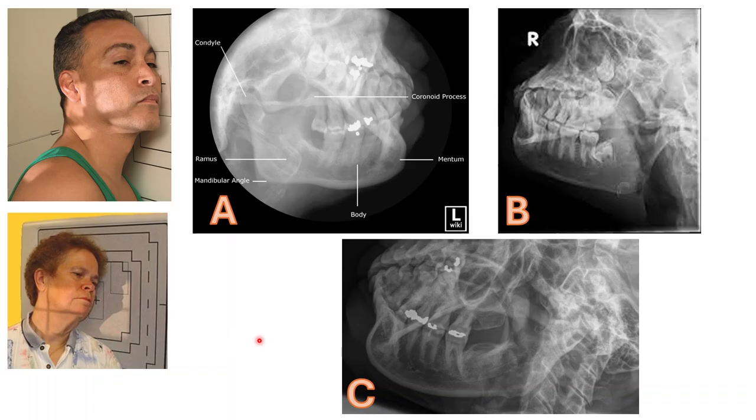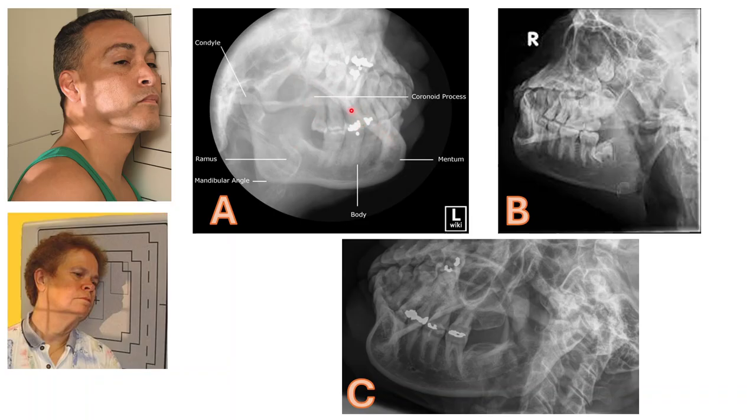What we want to see is the downside mandible, meaning the mandible that's closest to the IR, completely without any superimposition. The first thing I look for is the coronoid, to make sure that it is clearly demonstrated without superimposition of the opposite side of the mandible.